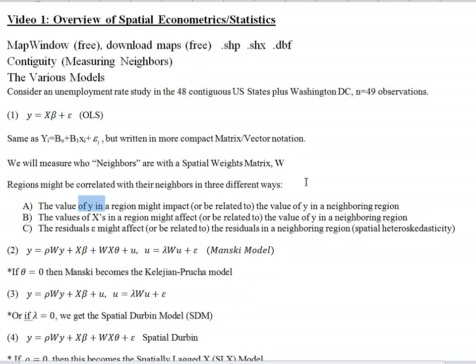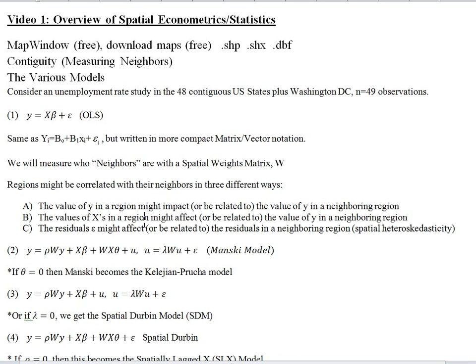So for example, there might be some variable that we're missing, some variable that we're not observing, that we don't have as an explanatory variable here, that is nevertheless spatially related. Or it could really be a causation effect.